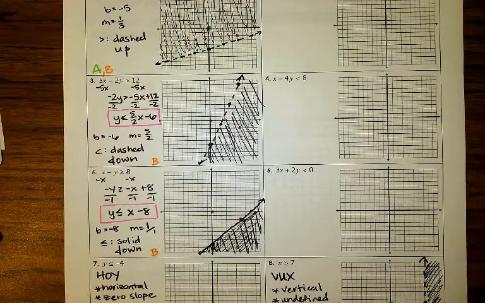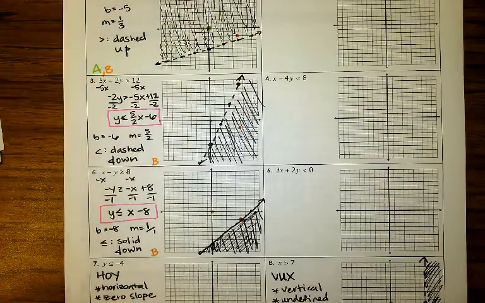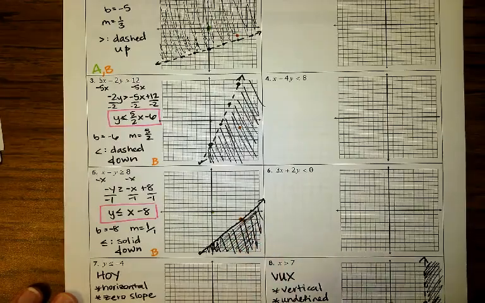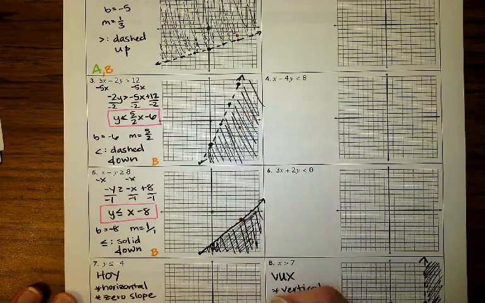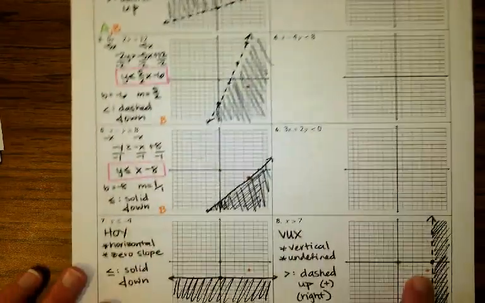If it lands on a solid line, it's good. So this one works, but only because that line is solid. 6, -2 would not be a solution on those bottom two. So you guys see the kind of thought process that you go through for each of these?